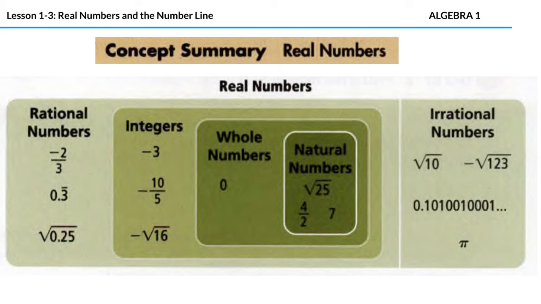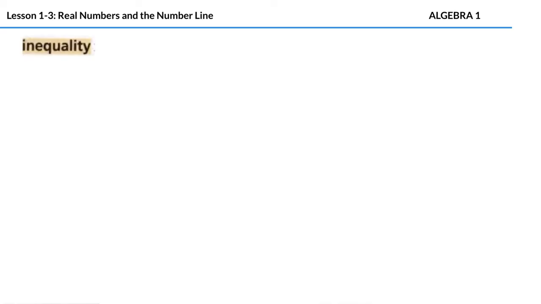Let's understand what an inequality is. An inequality is a mathematical sentence that compares two values using the inequality symbols. And what are the inequality symbols? Less than. This is the symbol for less than.